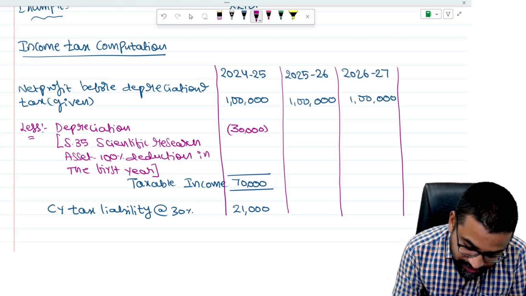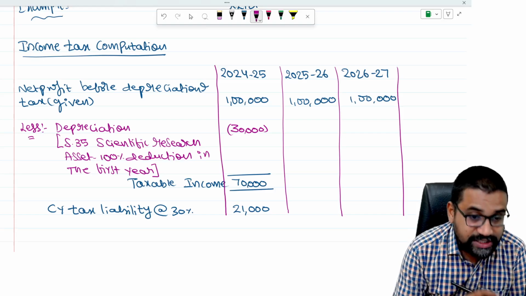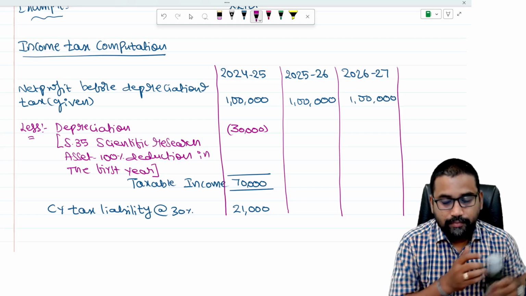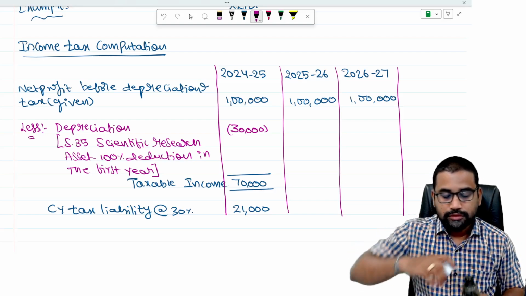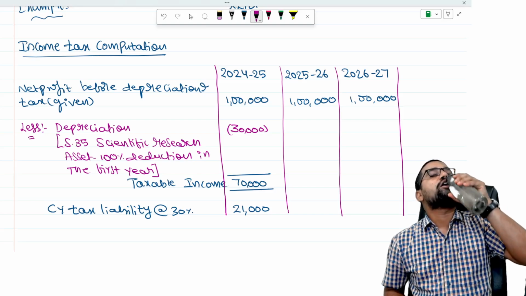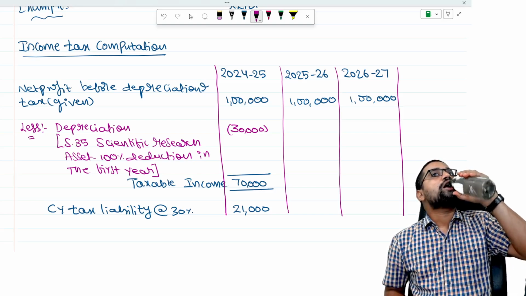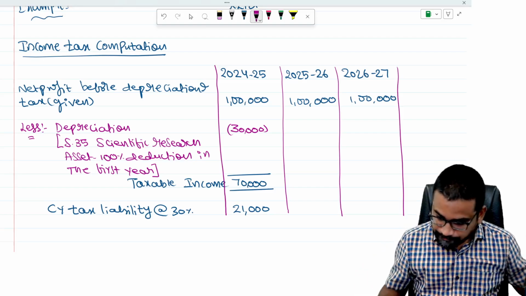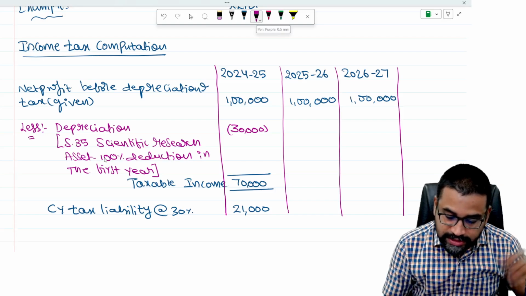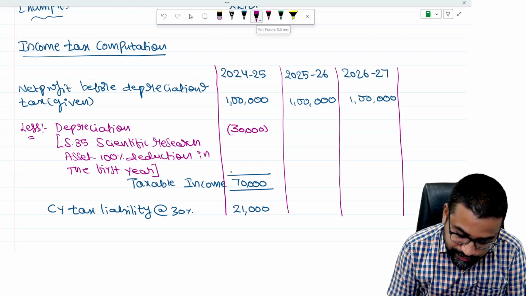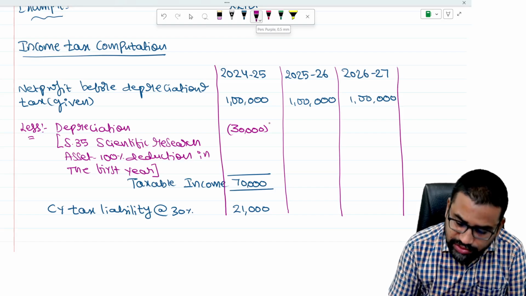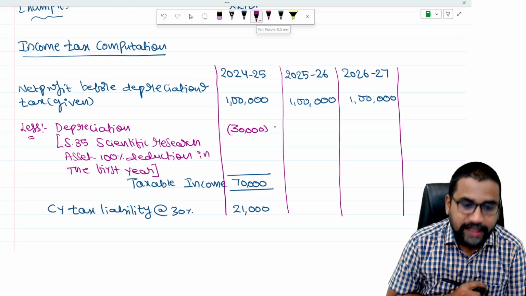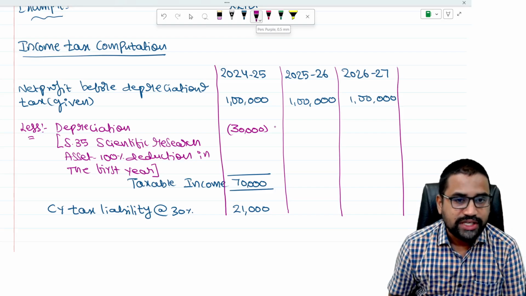And this year we purchased one asset, a scientific research asset. For this asset, 100% deduction is allowed in the first year. So therefore total 30,000 I have given as deduction. So my taxable income is 70,000. On that, 30% tax, 21,000 came.